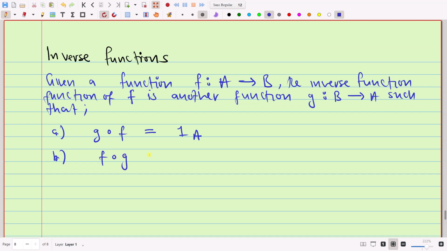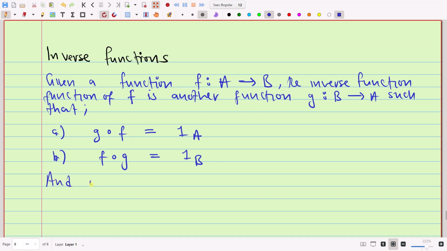B: if you take f of g, this gives us 1_B. So that's what we mean when we talk about an inverse function: a function which satisfies this condition. If you compose from the left, you get 1_A. When you compose from the right, you get 1_B.